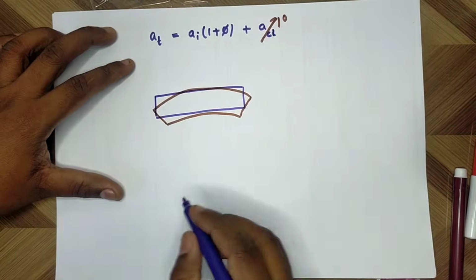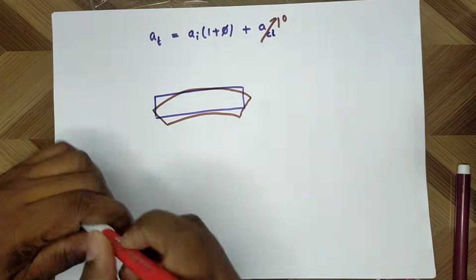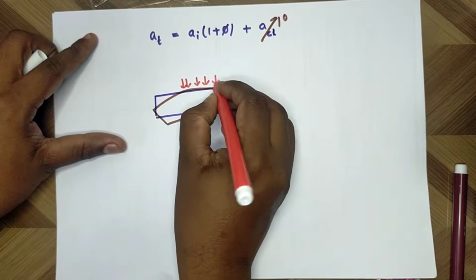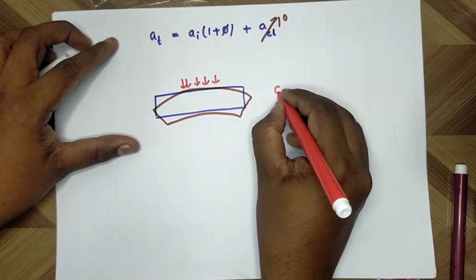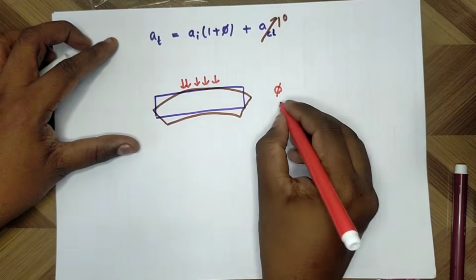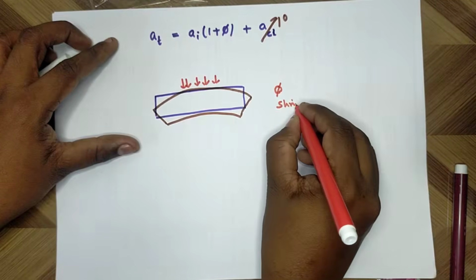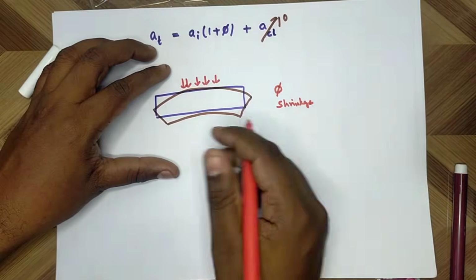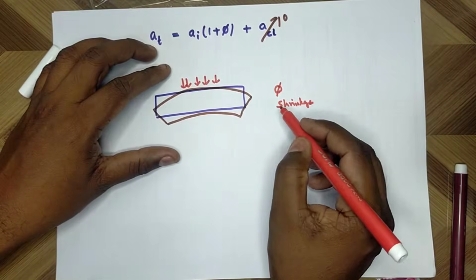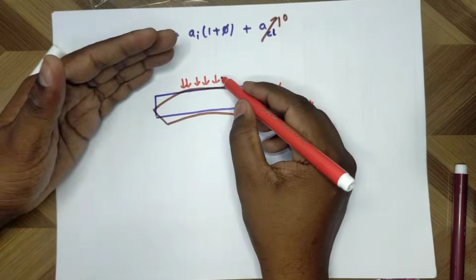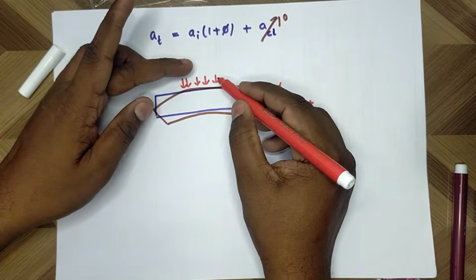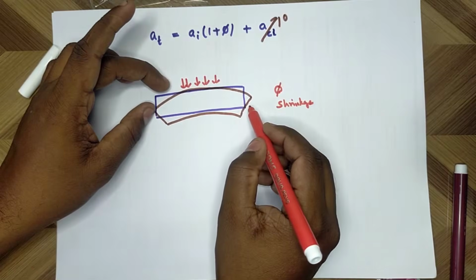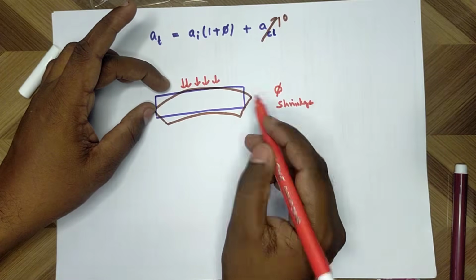But due to the application of loads, and creep and shrinkage, these are the long-term deflections. This load will apply in the downward direction, and it tries to decrease this curvature, right?